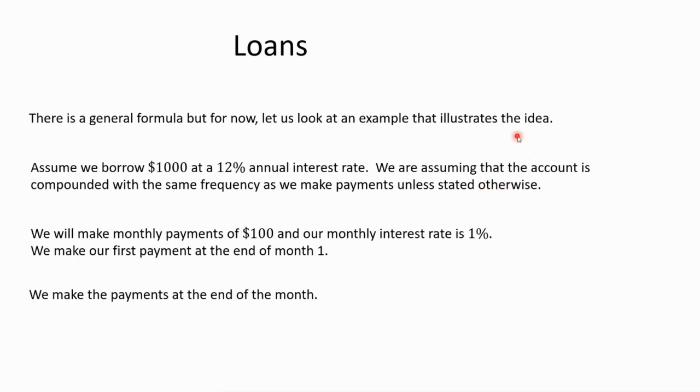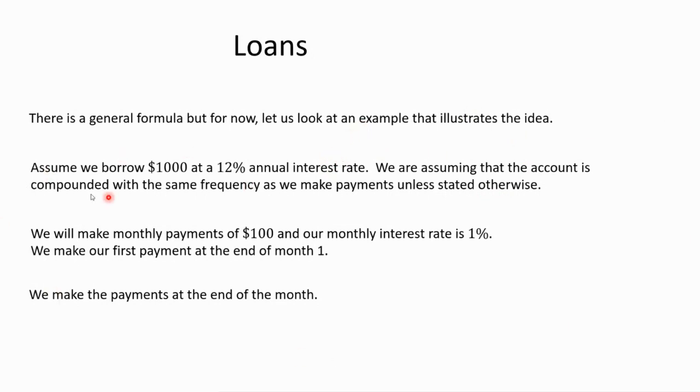Here, though, we're going to get a little more realistic, mostly because with loans here, we're going to assume you can make payments back to the loan, like monthly, yearly, things like that. So we're not going to have the full interest up front, in other words.